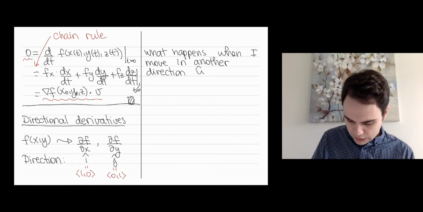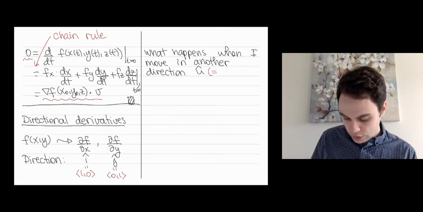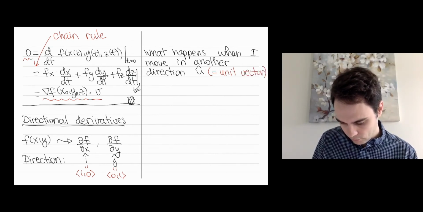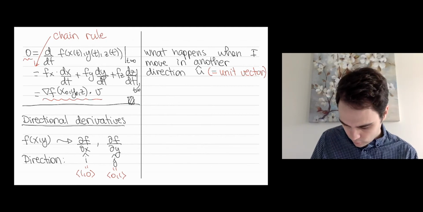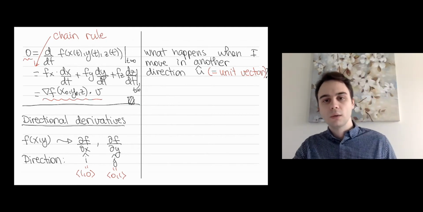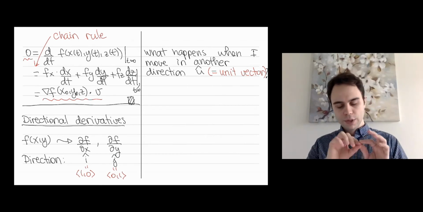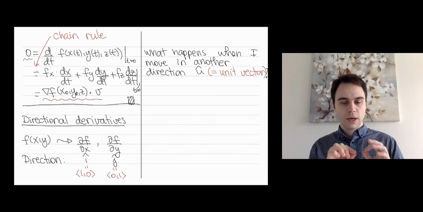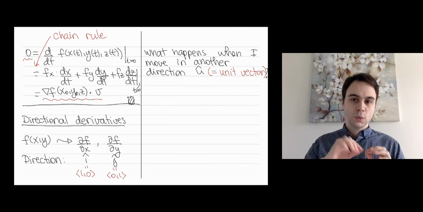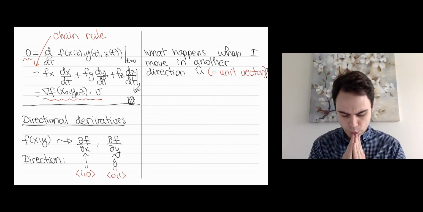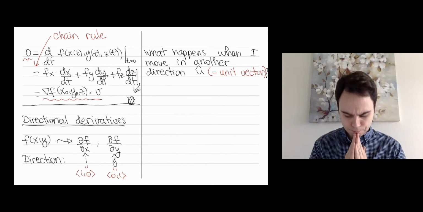And here when I say direction, I really mean unit vector, a length 1 vector. So if instead of going to the right or going up, what happens to f when I move in a different direction? That's what directional derivatives are going to tell us.